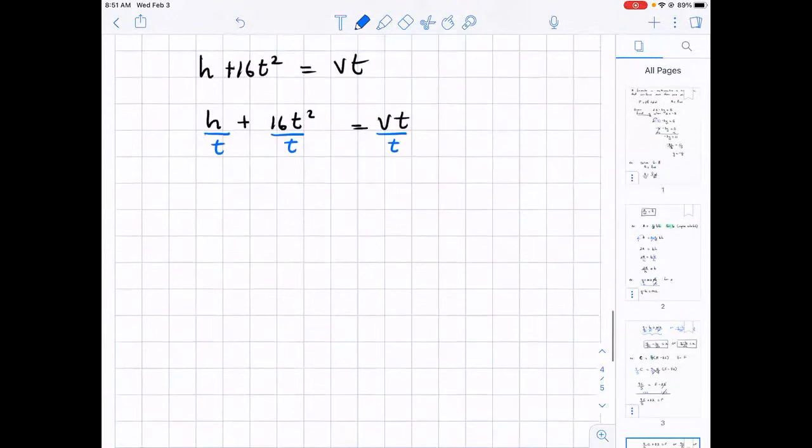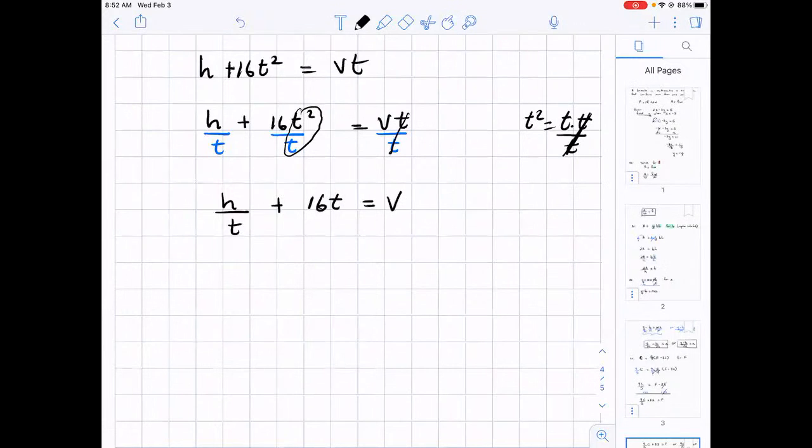When we do this, we have left h over t plus these two t's can be simplified, 16t, because t squared implies t times t, and if you're dividing that by t, one of the t's will cancel out. Okay, equal, this t will cancel v.